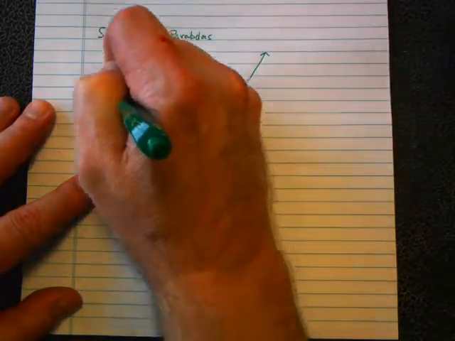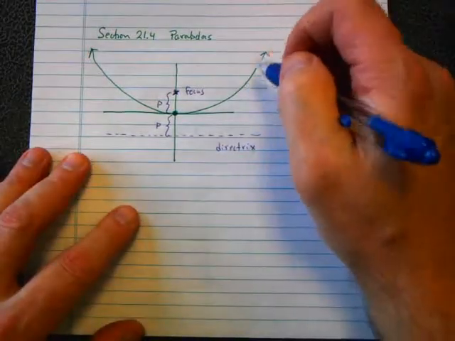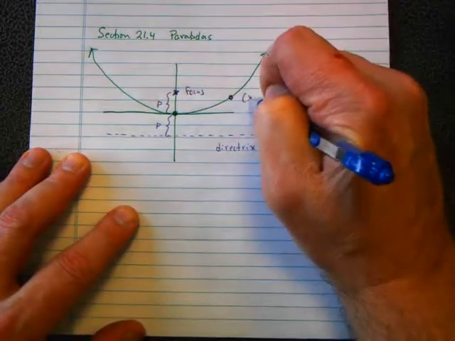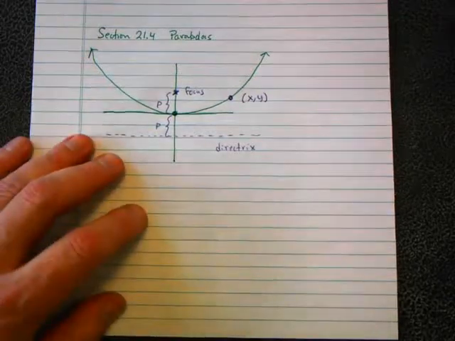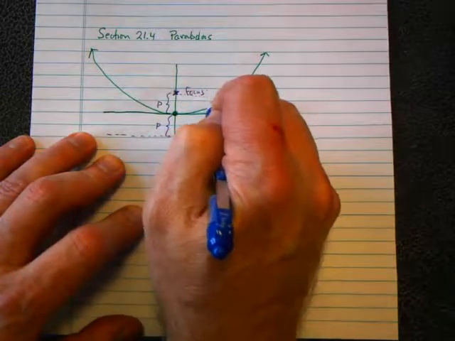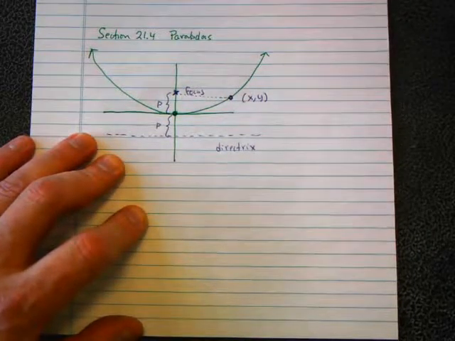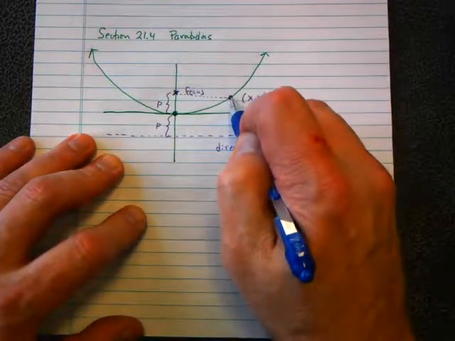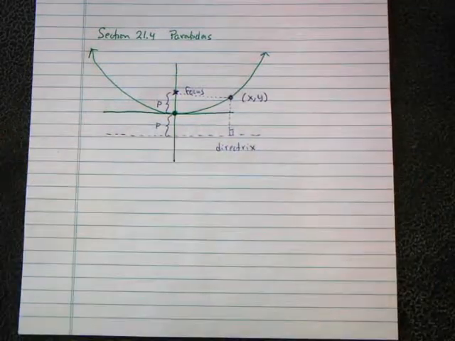And the rule for the parabola is, if I pick a point anywhere on the parabola, this point right here, let's call it x comma y, the rule is the distance from the focus to that point will always be exactly the same as the distance from that point to the directrix, where that forms a right angle right there.